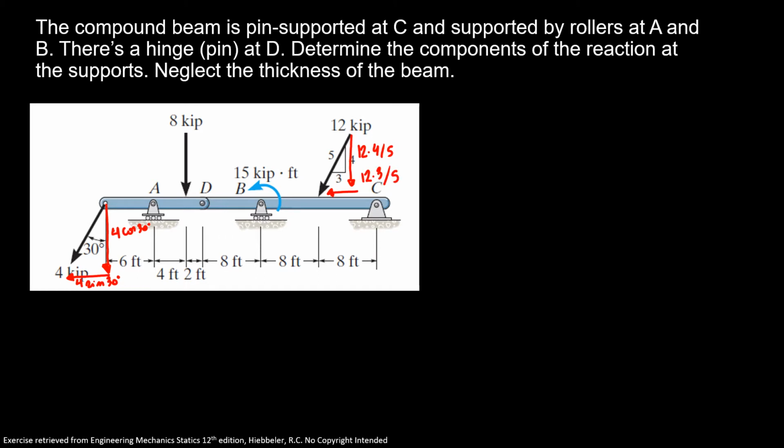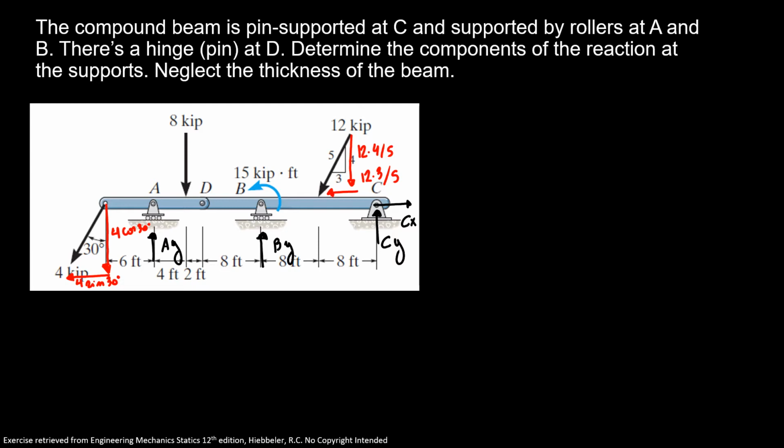Now we're going to place our reactions. So here we have BY, here we have AY because those reactions are rollers, and here we have CX, and pointing up we have CY.